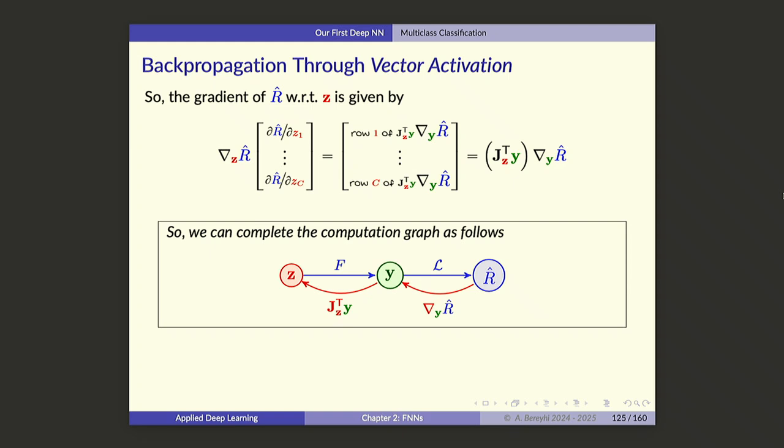If you are interested, just when you're home, try it. Just think of that entry-wise function operation as a vector function, because that is a special case, right? And then you try to write it down in this form. You see that your Jacobian is diagonal, and then when you multiply that Jacobian into the previous gradient, it's like you do an entry-wise product. Okay? But if you didn't get what I said, just forget about it. That's totally fine. I know it's quite abstract, quite fast to say. Okay, everybody's clear?